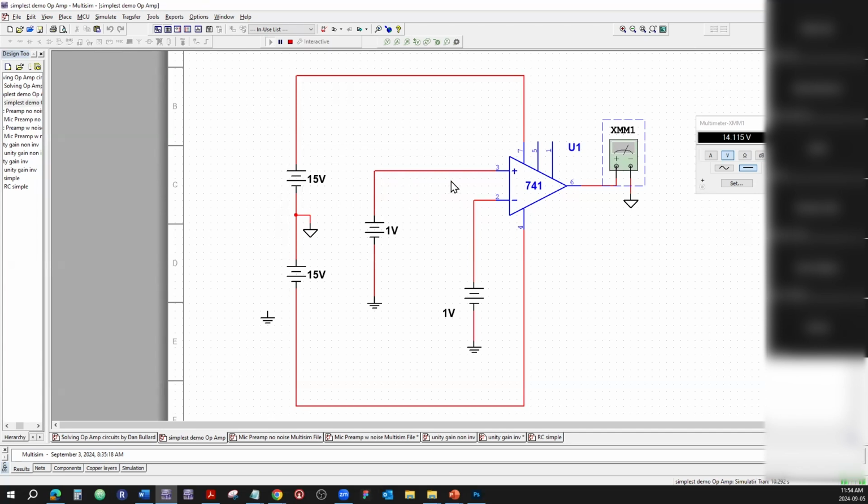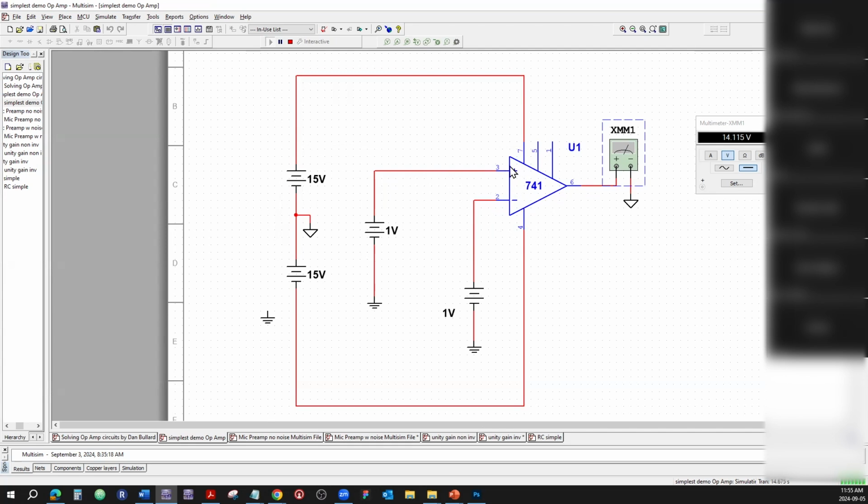So if one of the inputs is a little bit higher, then the output is going to turn that way. What do I mean by that? With the open loop, there's no negative feedback.